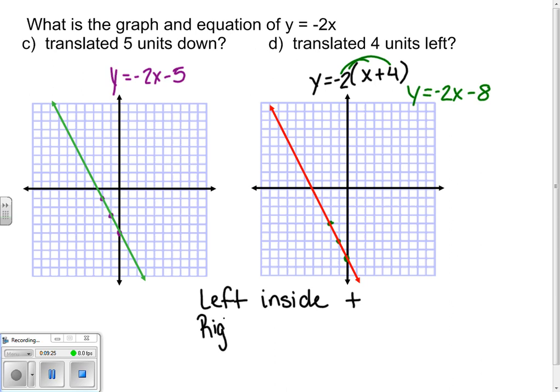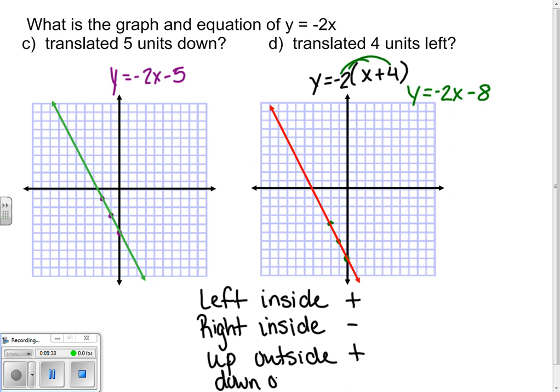Right is inside, and it's minus. Up is outside, and it's plus. Down is outside, and it's minus. So again, these two are opposite, these two are normal. It's what you would expect.